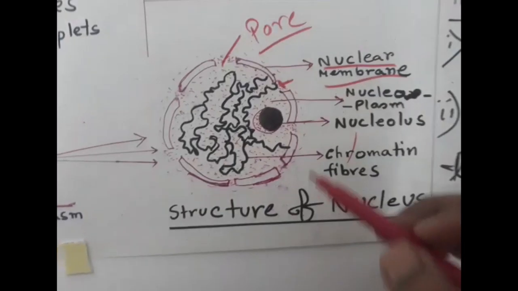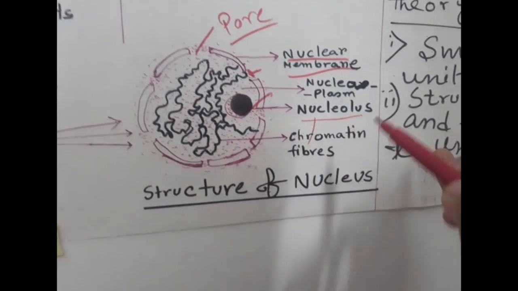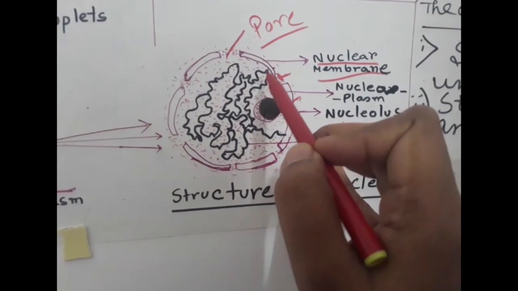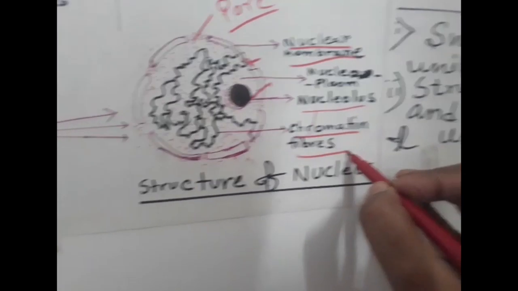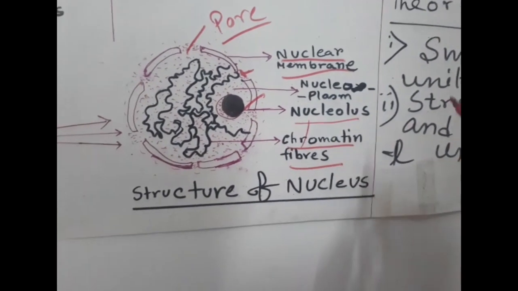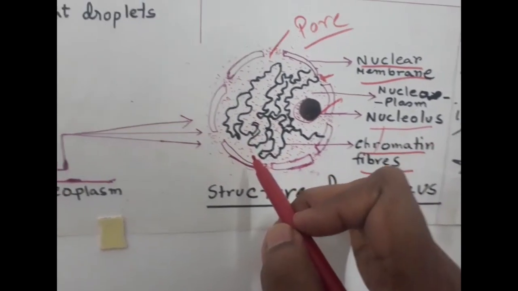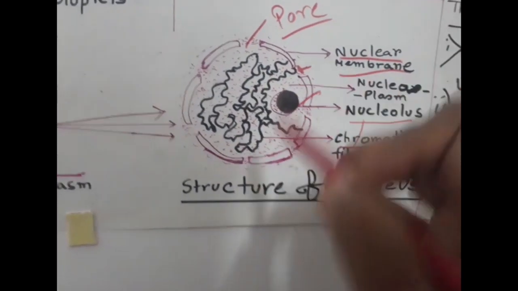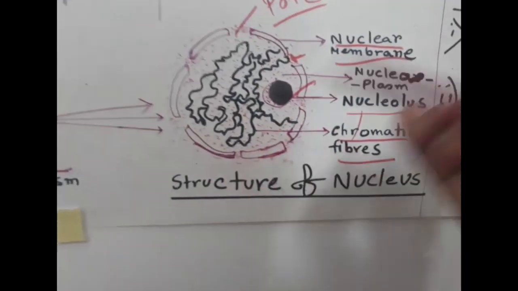Now this is the nucleolus. Within the nucleus, this is the nucleolus, and this is another fiber-like, network-like structure. This is chromatin fibers. What do chromatin fibers do? Chromatin fiber is the DNA material which carries the genetic or heredity information from one generation to another, and from one cell to another.